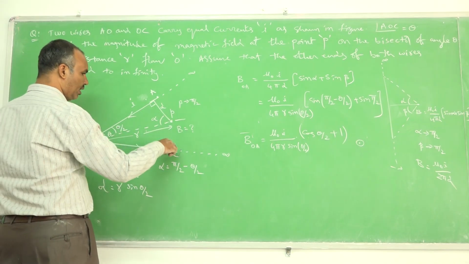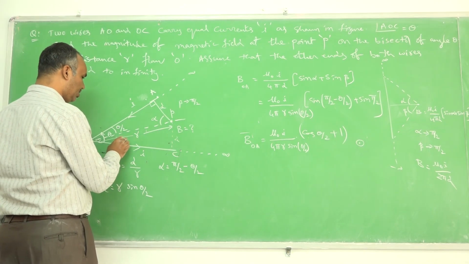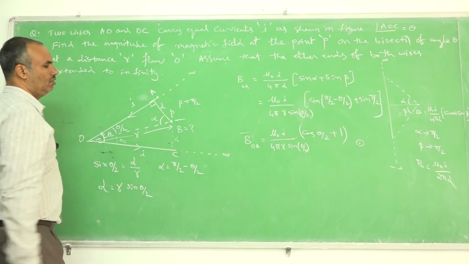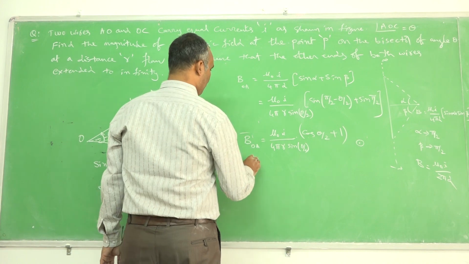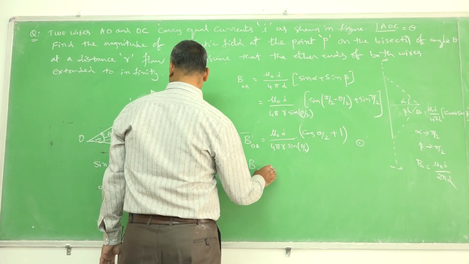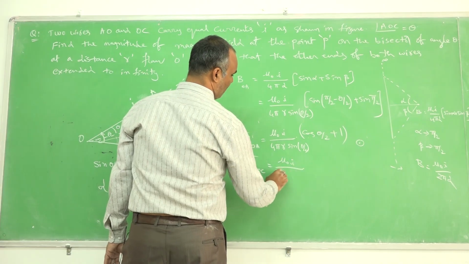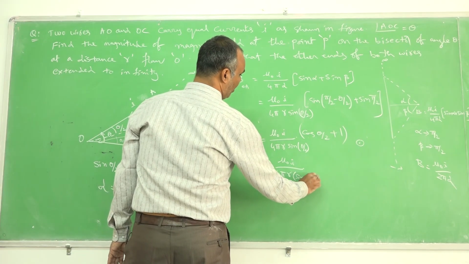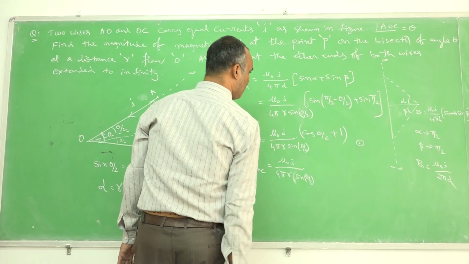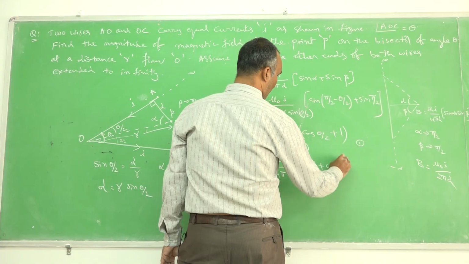Again you may draw perpendicular here, again take the distance as d. This angle is theta by 2. Everything is same. So B due to OC is given by mu naught I by 4 pi r sin theta by 2 into 1 plus cos theta by 2.